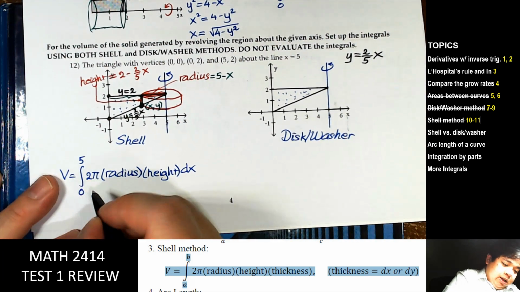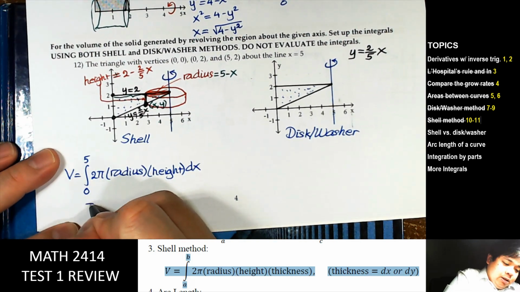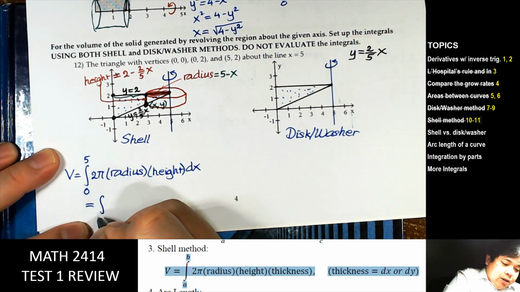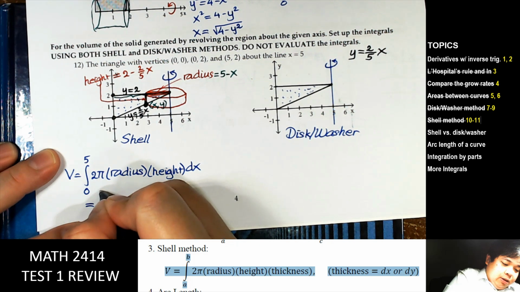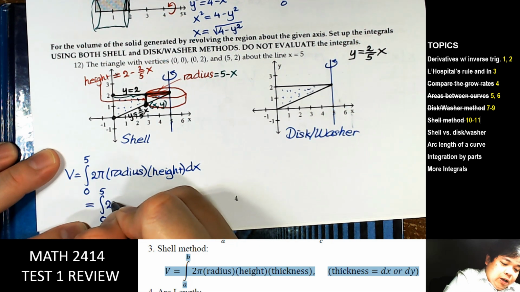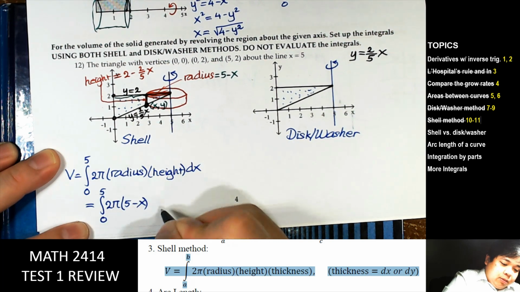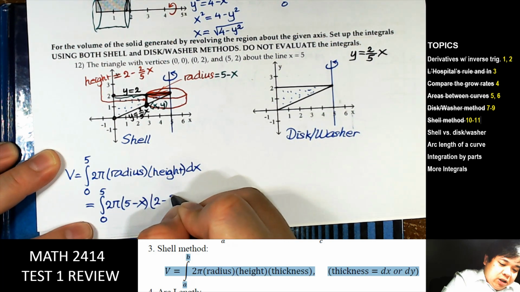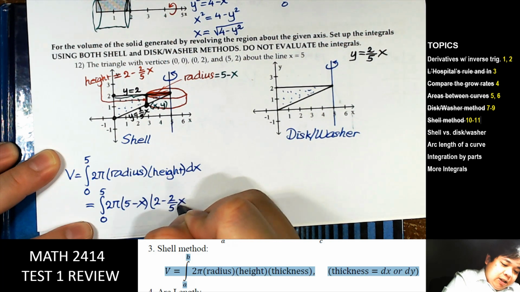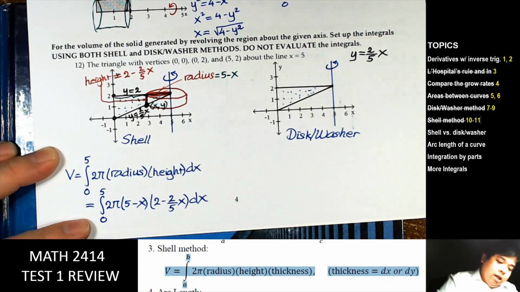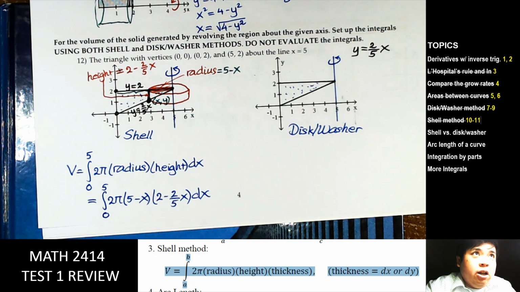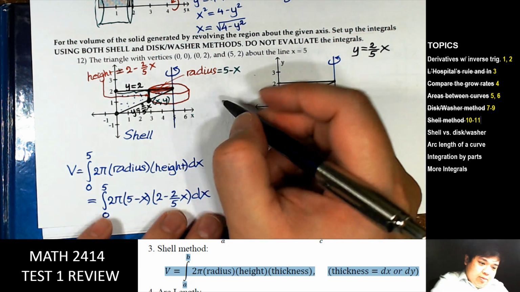So we have the integral from 0 to 5 of 2 pi, radius 5 minus x, height 2 minus 2 over 5x, dx. So that is the shell method.